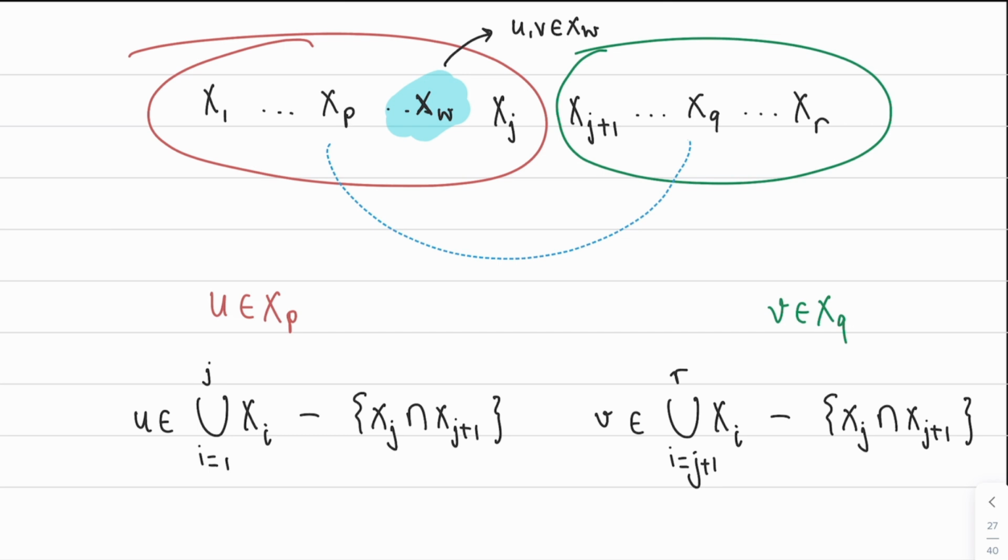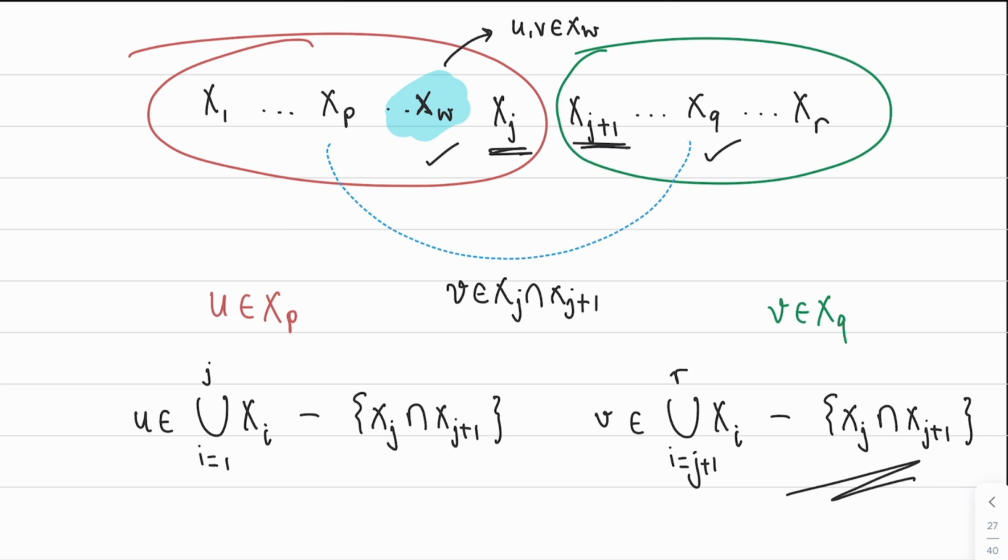So v appears in X_w, v appears in X_q, and w is clearly less than q, which means that v must appear in all the bags between w and q. In particular, it must appear in both X_j and X_{j+1}, which means that v in fact belongs to X_j intersection X_{j+1}, which contradicts our assumption that v was in B minus A, right?